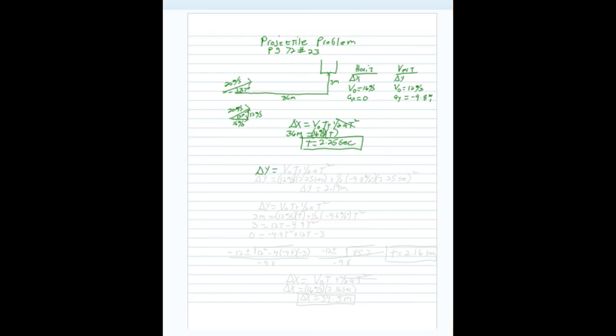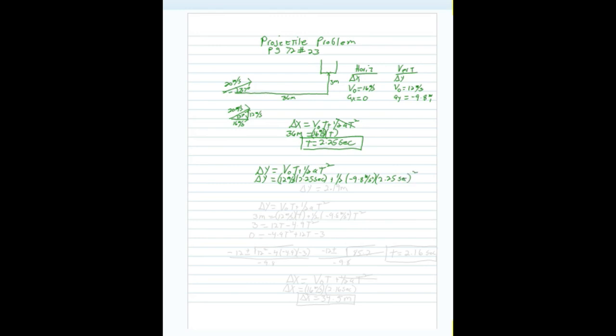Now we'll go to delta y. And what we'll do is just figure out what height it is when the time is 2.25 seconds. So we have 12 times 2.25 seconds, because that's how long it's going to take, plus 1/2, negative 9.8 meters per second squared, times the time of 2.25 seconds squared.